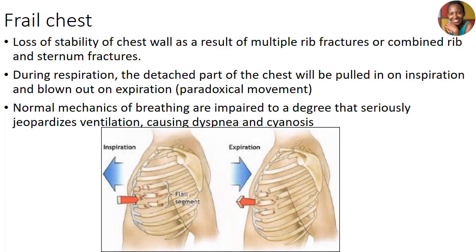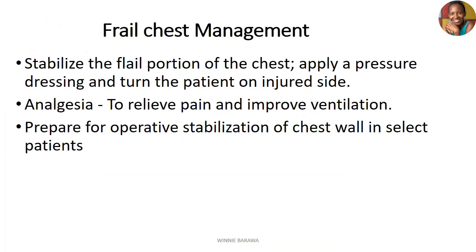During expiration, we expect the chest to move inward, because you want to apply more pressure and push the air out. But in the paradoxical movement, the chest moves outwards. So you find the cause of the flail chest, and then you apply a pressure dressing.